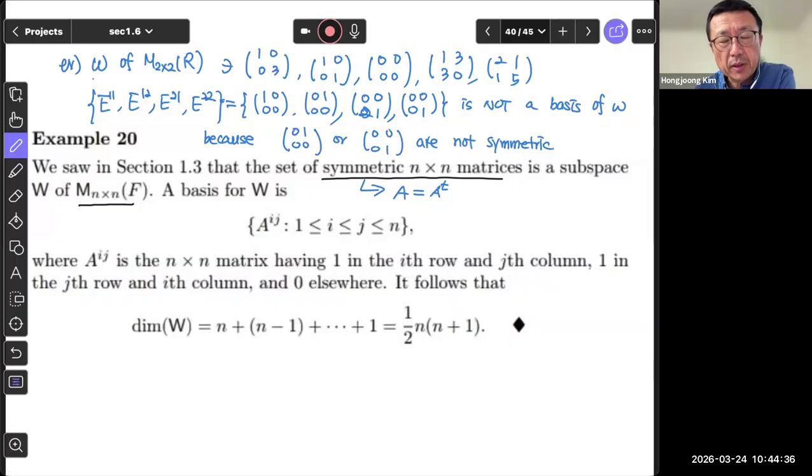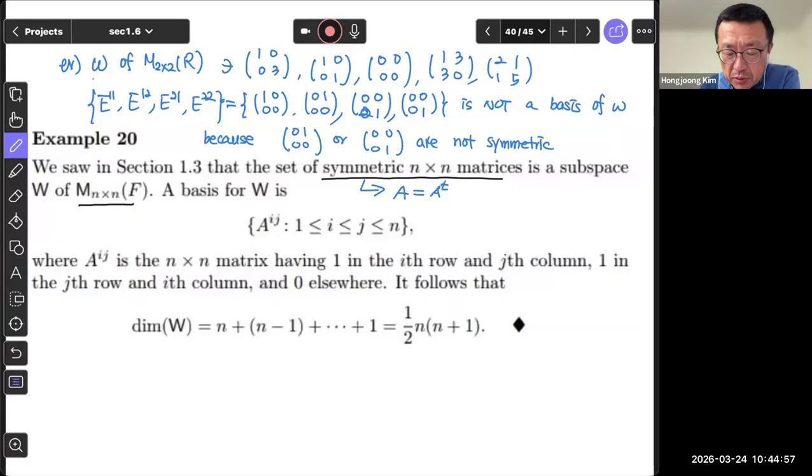Those matrices are not in the W space. So you cannot consider that choice of matrices.